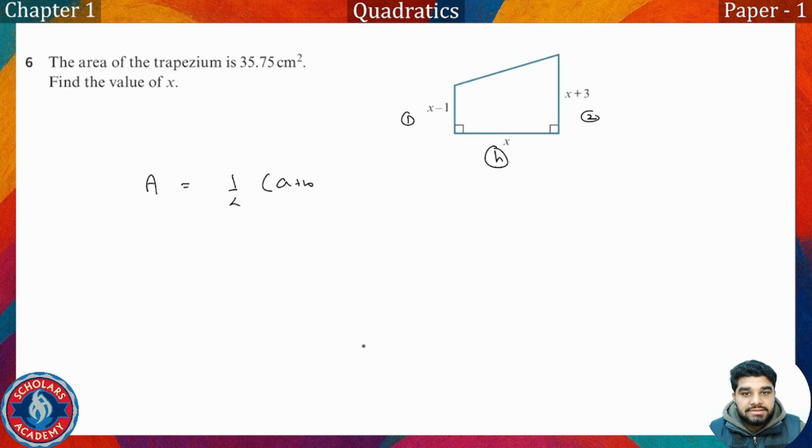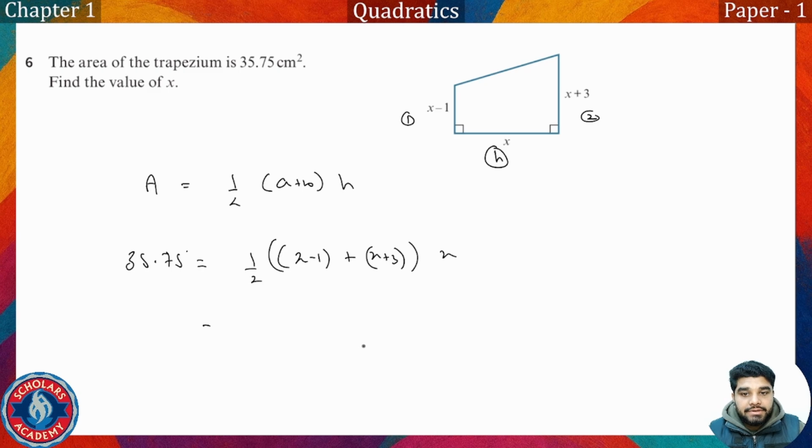So a plus b times h. So over here we get area, that is 35.75 is equal to half of, now one side is x minus 1 plus x plus 3 times h, which is x.